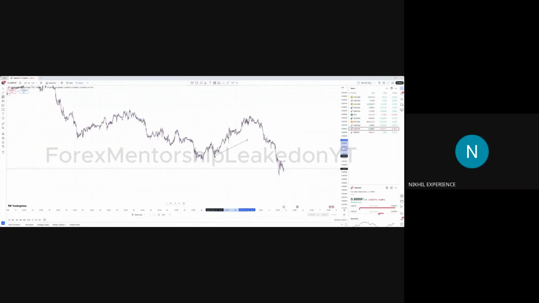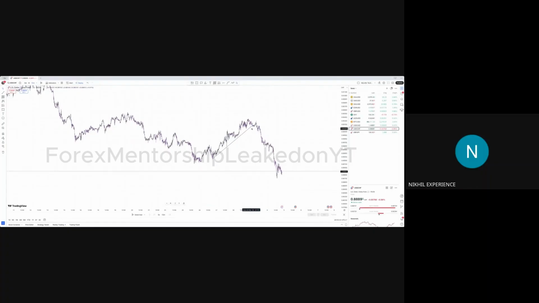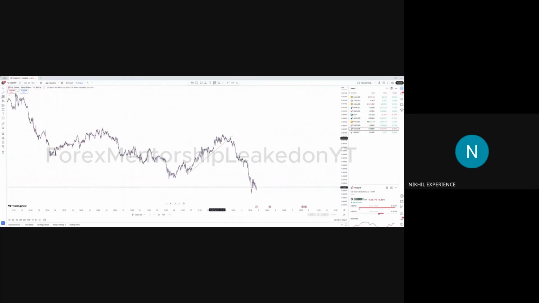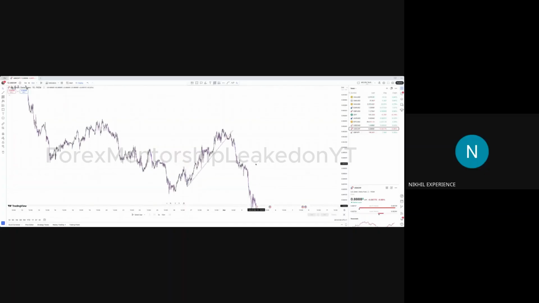After the consolidation, we have one, and then we have this. So this is like the first, the second, connecting these together, and we have this little one here. So let's see how price broke out from this.